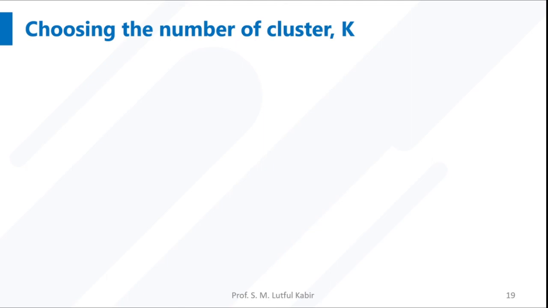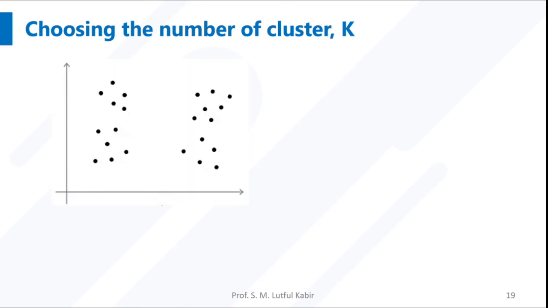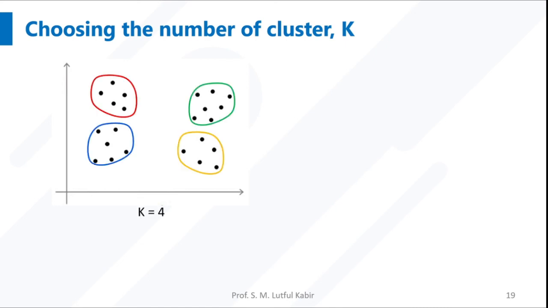There are different ways of choosing. For example, if somebody chooses manually, visually, you may end up choosing this kind of data in 4 clusters. So k equals 4.